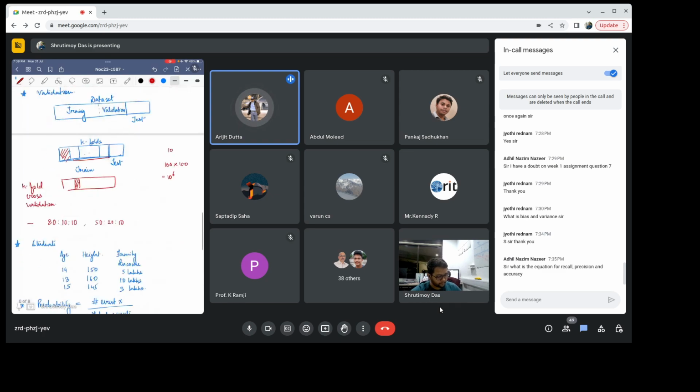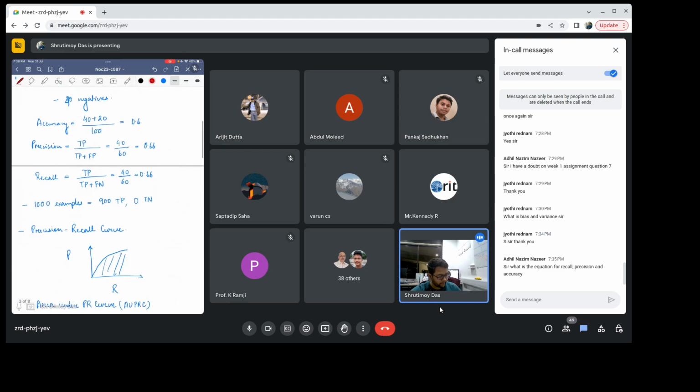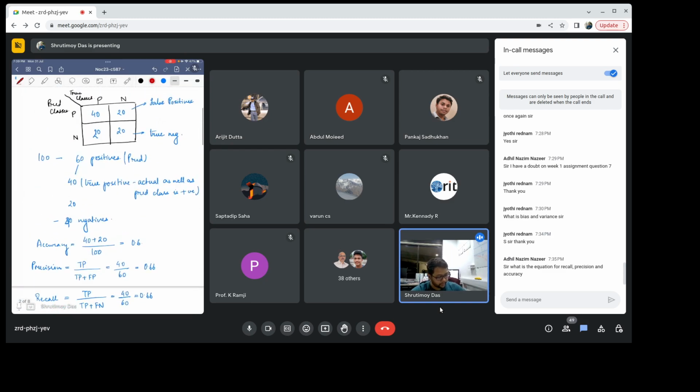So recall is given by this column. Out of all the positive examples that you have, how many of those did you correctly predict that they are positive?